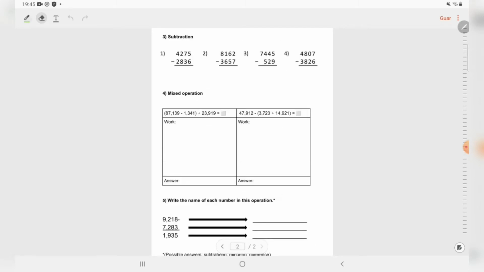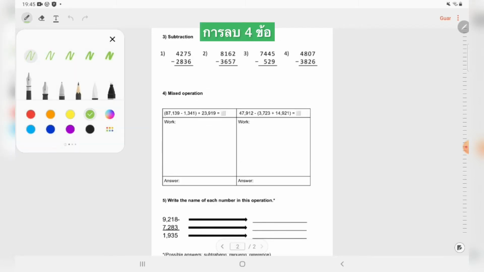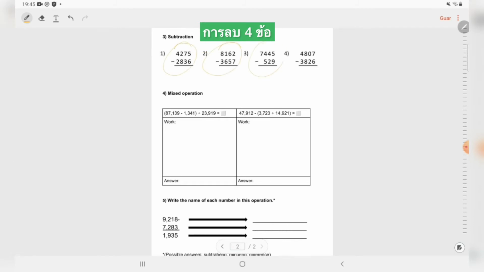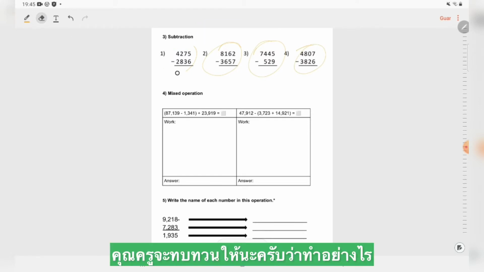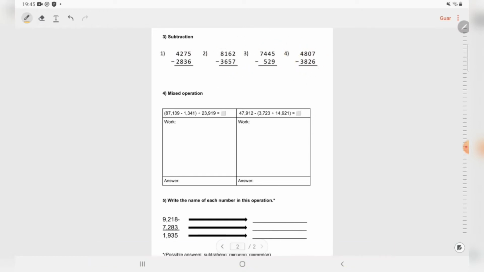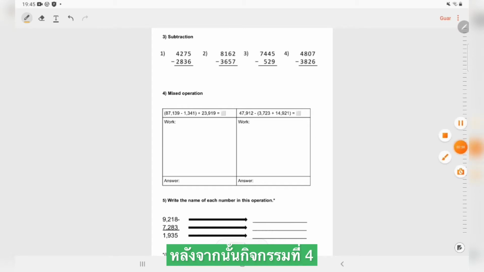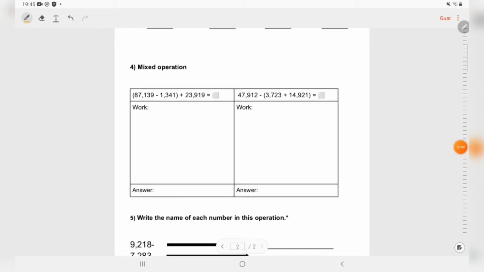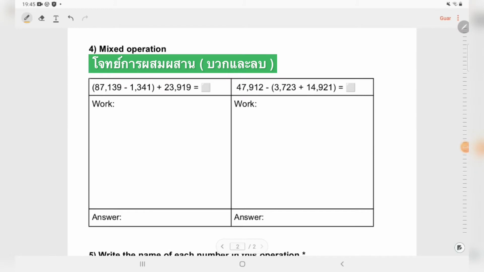Here we have the subtraction. 4 subtractions also. We are going to review how to do it, and you can refresh, you can brush up your knowledge. After, in exercise number 4, we have mixed operation. We have 2 operations, number 1, number 2.